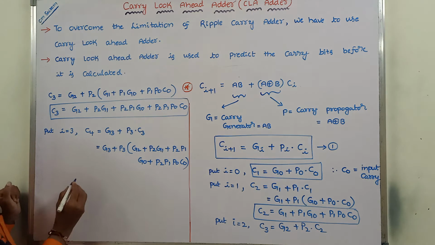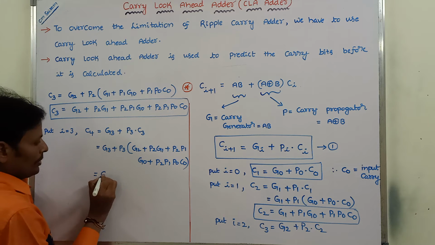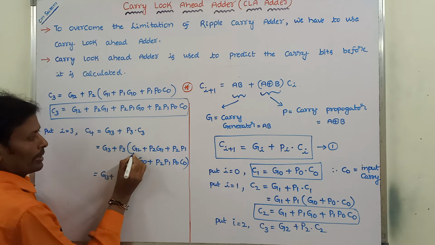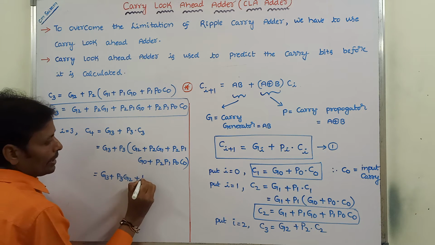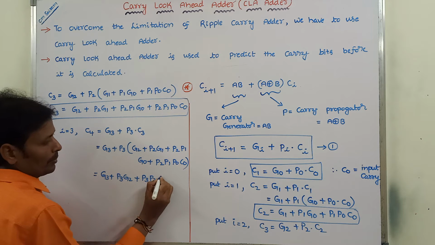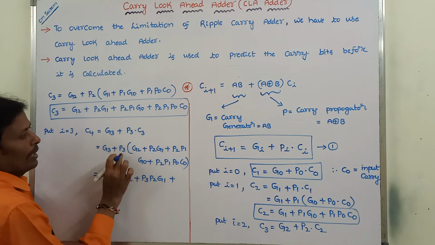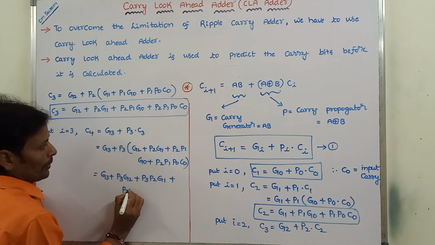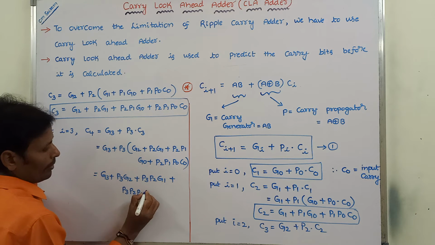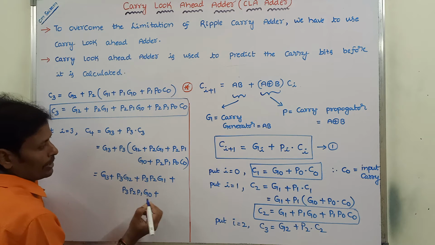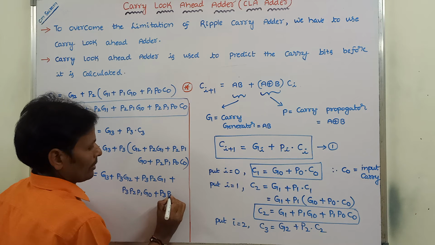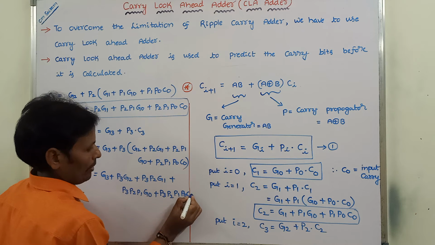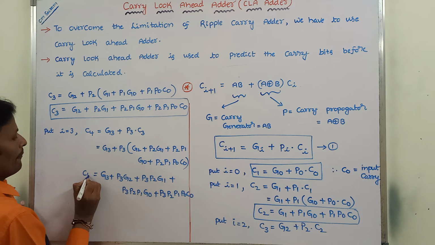Then G3 plus P3 G2 plus P3 P2 G1 plus P3 P2 P1 G0 plus P3 P2 P1 P0 into C0. So this is the C4 value.